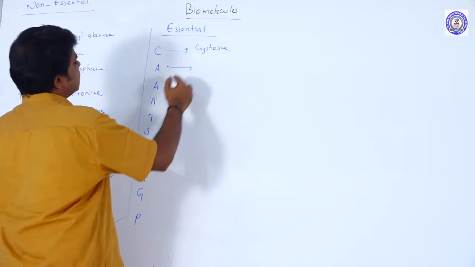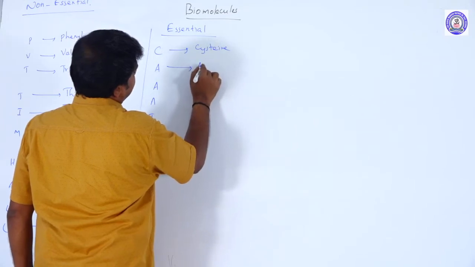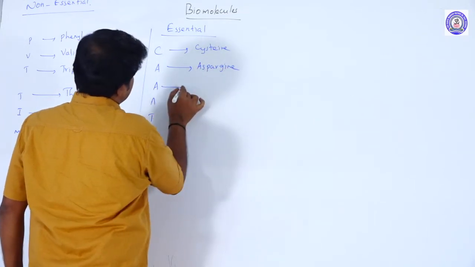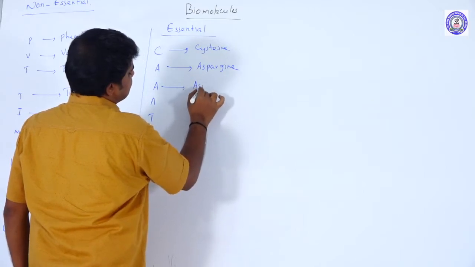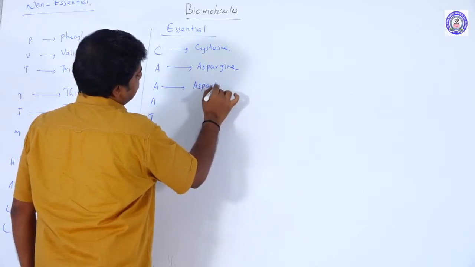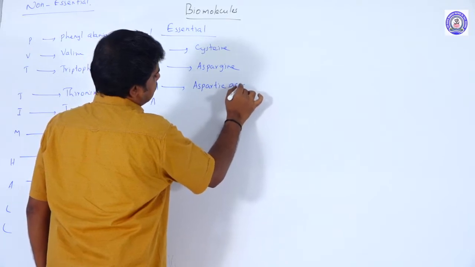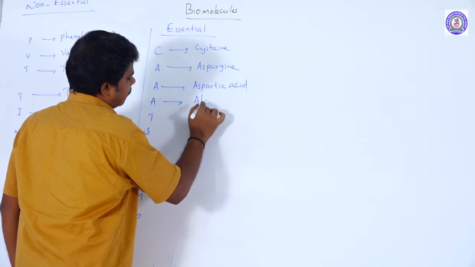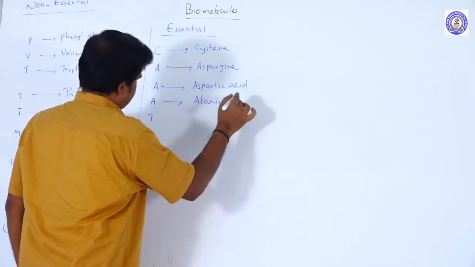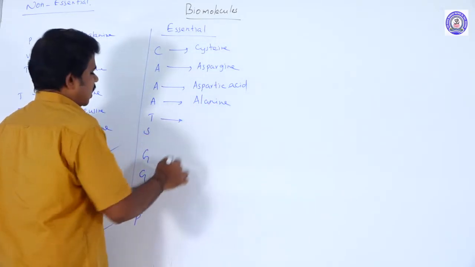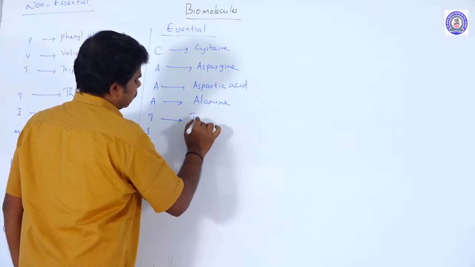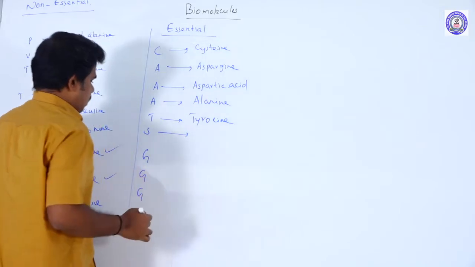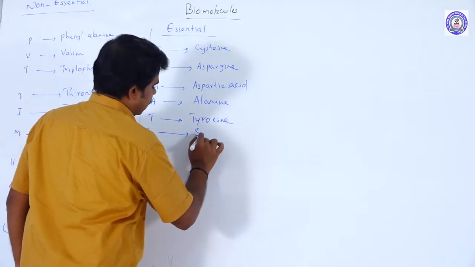Then it is asparagine. Then it is aspartic acid. Then it is alanine. Then it is tyrosine. Then it is serine.